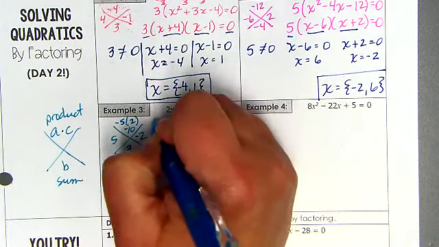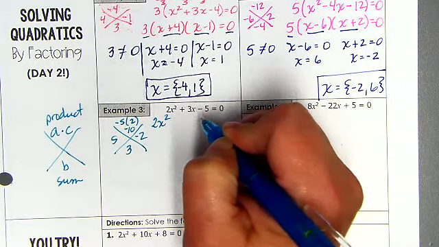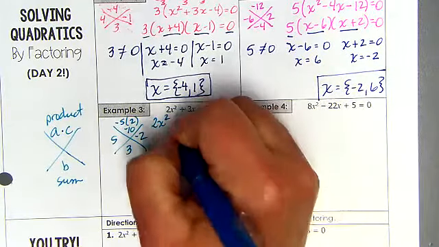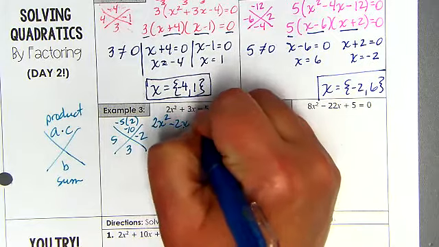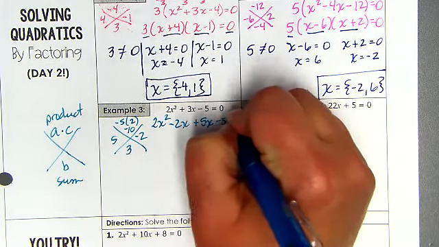So now I'm going to have 2x squared minus 2x plus 5x minus 5 equals 0.